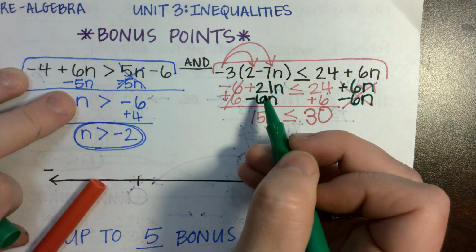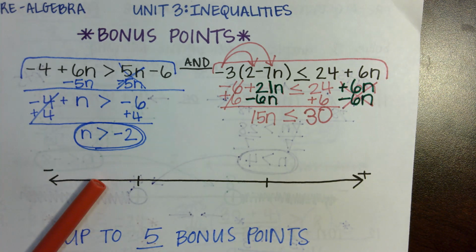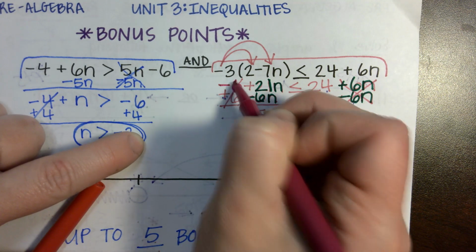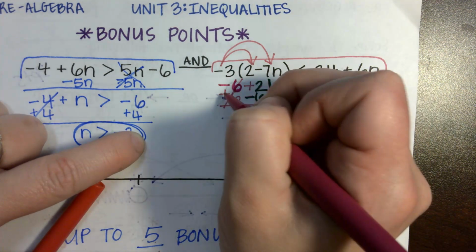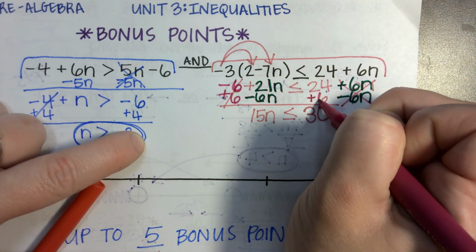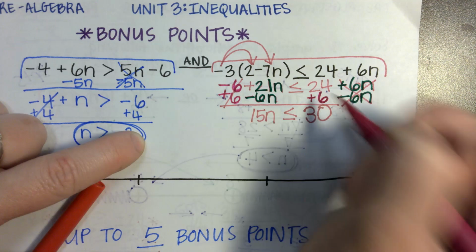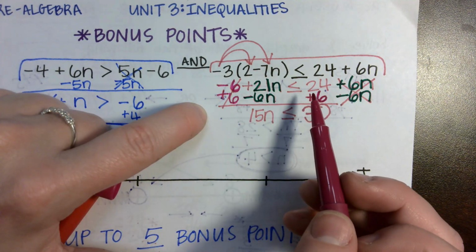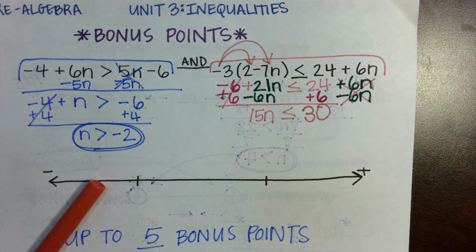See that? And then we got rid of this -6 by adding 6 to both sides. Do you see what we did there? I just did it in one step instead of spacing it out in two.